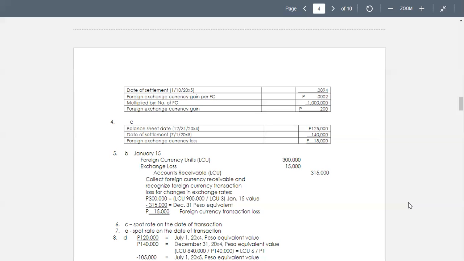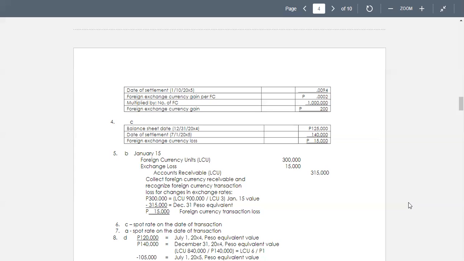Number 7, the journal entry to record the purchase will be to debit inventory. In number 7, we have the spot rate. So the spot rate will involve an inventory debit that's equal to 34,100. So 34,100 is taken by multiplying 310,000 by 0.11.